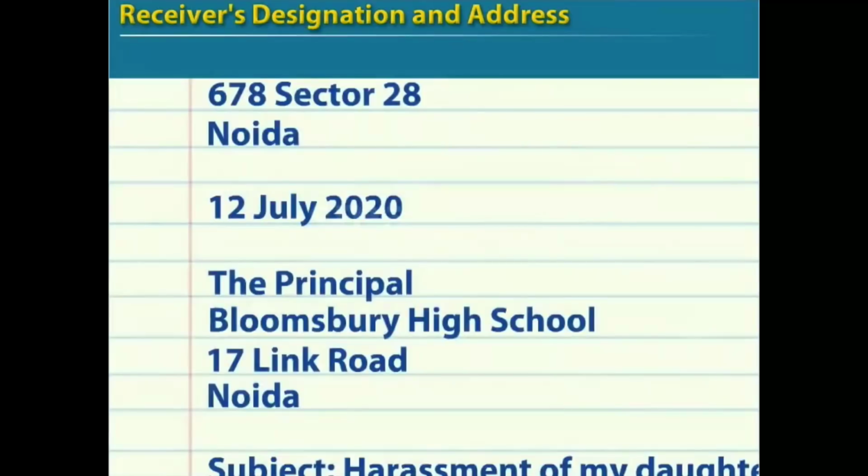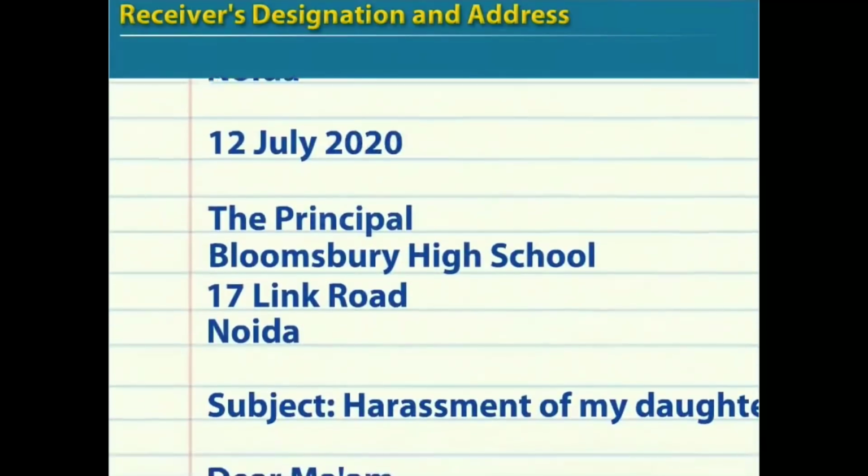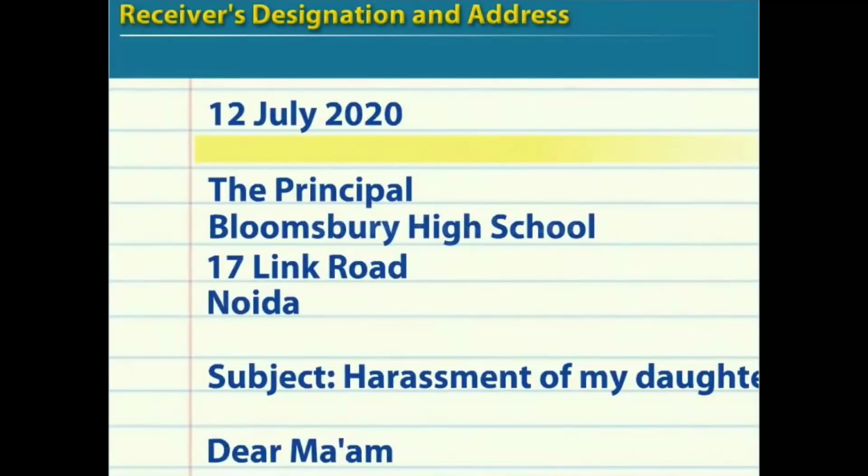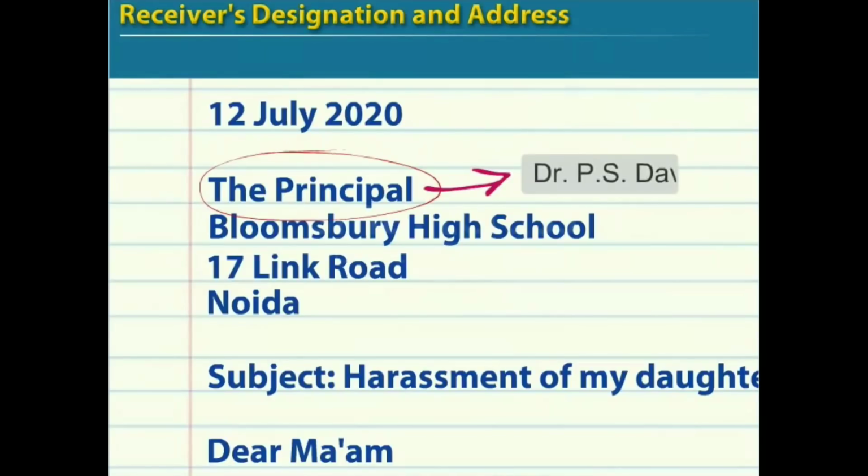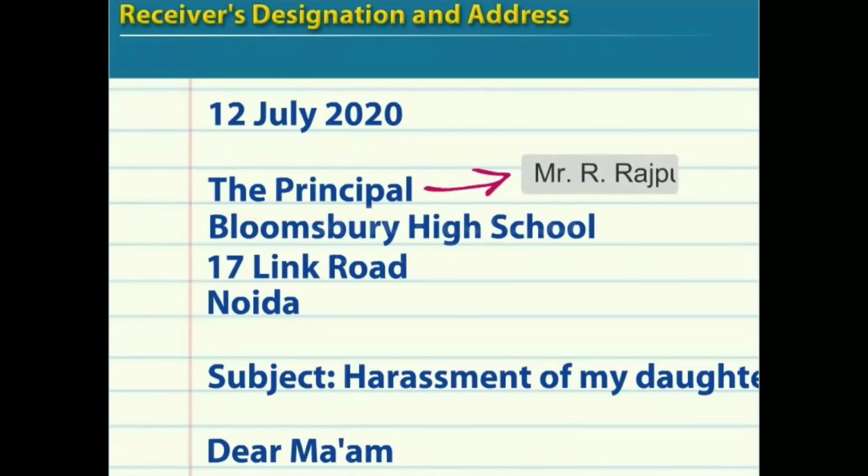Receiver's designation and address. Leave a line after the date and left align it. Write the school or college official's name as Dr. P.S. Dave, Miss D. Patricks, Mr. R. Rajput. This is followed by the designation.